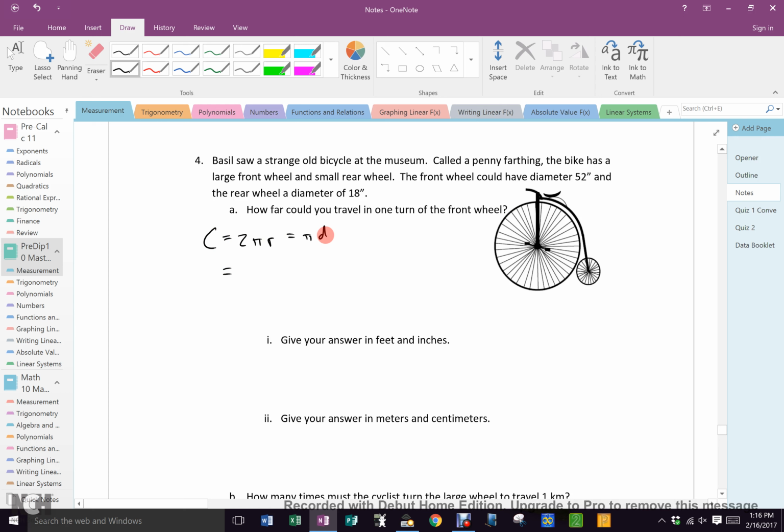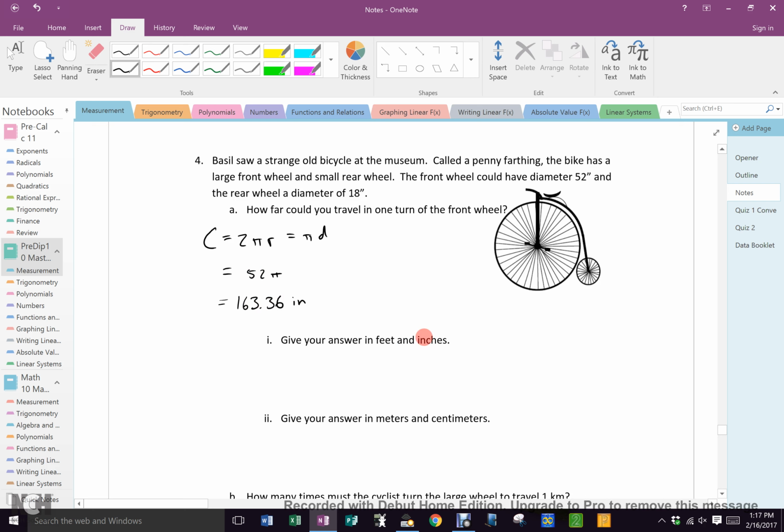Do I know the d? So circumference is 52 pi, right? I want that answer in feet and inches. Well, can I convert 52 pi to feet and inches? I can't convert pi, can I? I got to actually figure out what this is, don't I? Yeah, what's 52 pi? 163.36 inches, right?